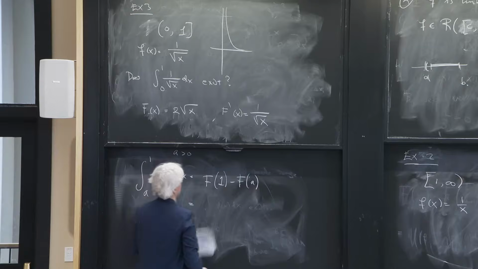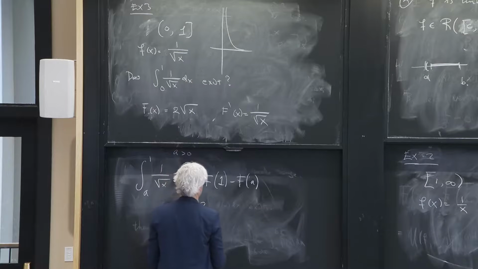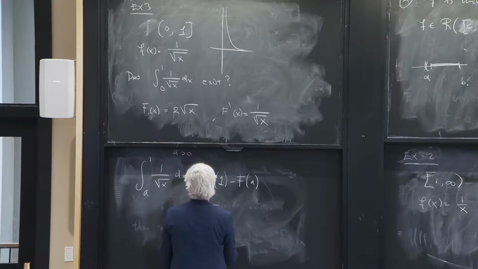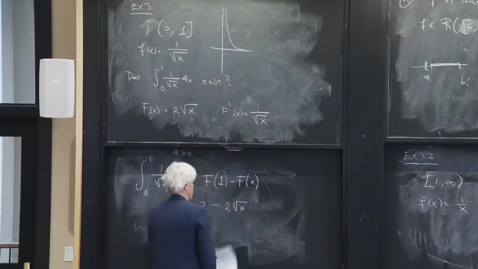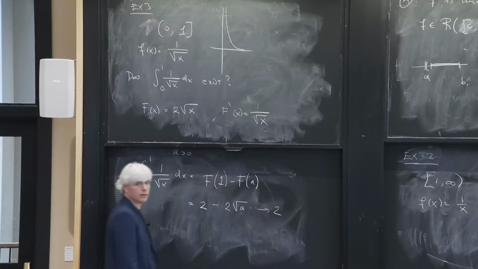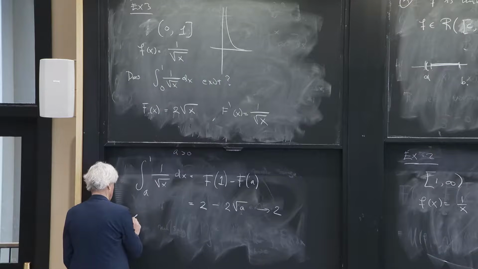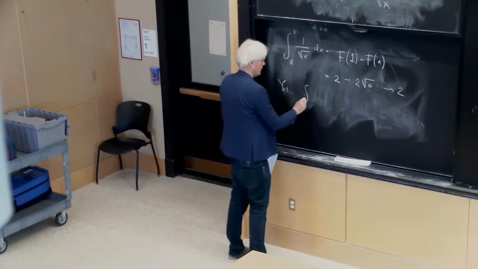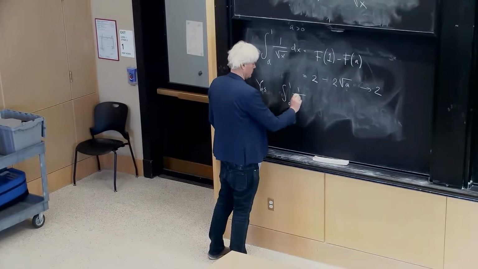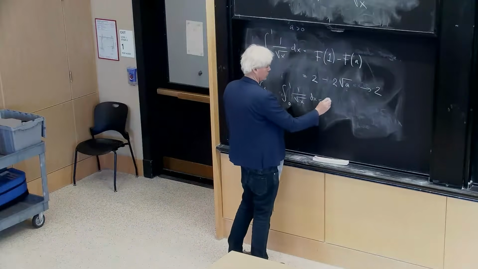Capital F was this function here. So this is 2 square root of 1, that's 1, so it's 2 minus 2 square root of a. But as a goes to 0, this converges to 2. So this improper integral exists, and is equal to 2.